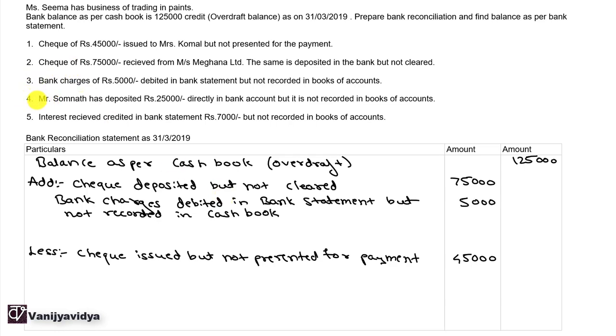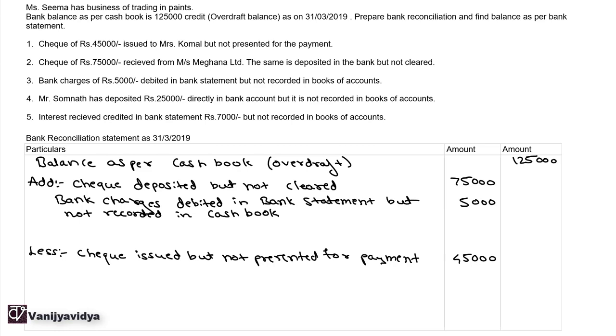Next, 4. Mr. Somnath has deposited rupees 25,000 directly in the bank account but it is not recorded in the books of accounts. Now there is Mr. Somnath who has deposited 25,000 directly in the bank account. What has happened because of this is our overdraft balance has reduced in the bank statement by 25,000, but the same is not recorded in our cash book or books of accounts.